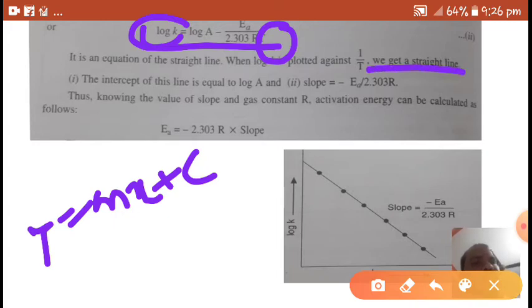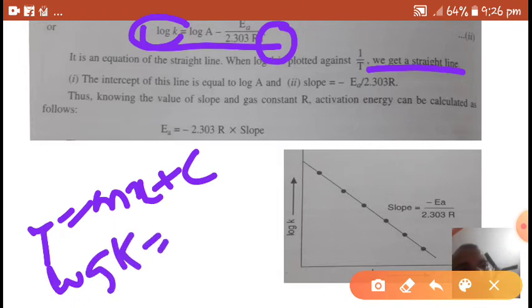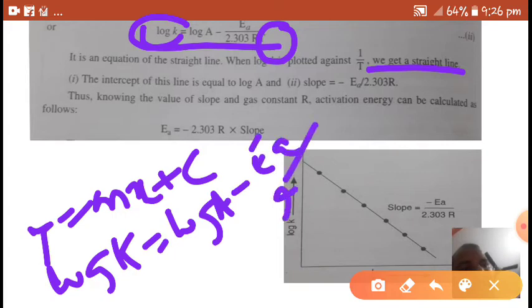Here I am comparing log k is equal to log A minus EA by 2.303 RT.